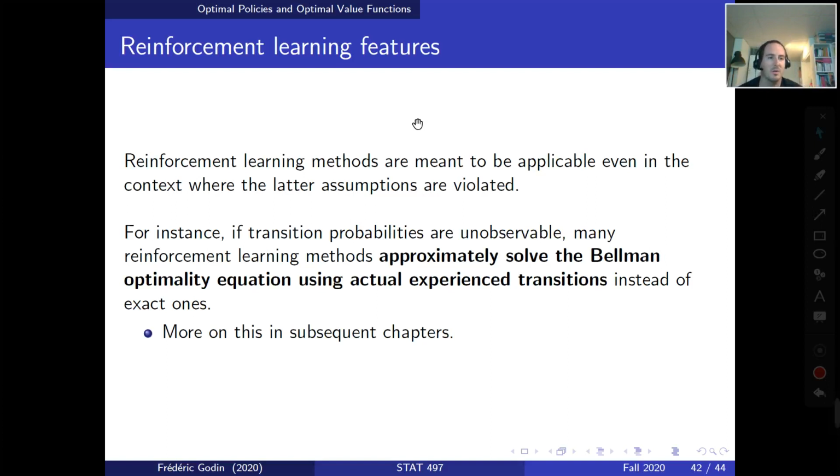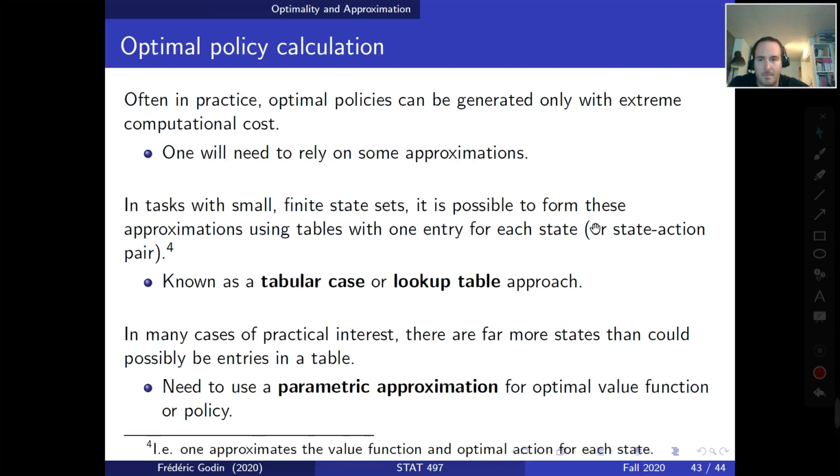Reinforcement learning is more inspired by this latter approach, where instead of calculating all the possibilities and finding the best one, we have a trial and error approach where we try things out, and by trying these things out, we eventually figure out what works and what doesn't. This will be explained more thoroughly in subsequent chapters.